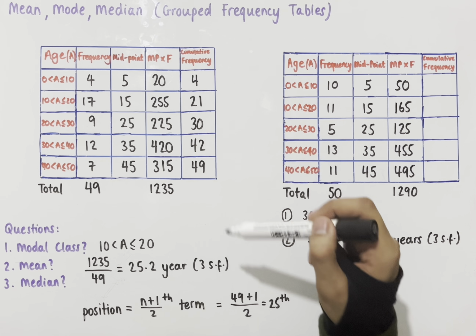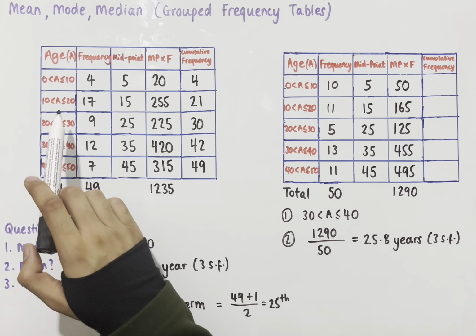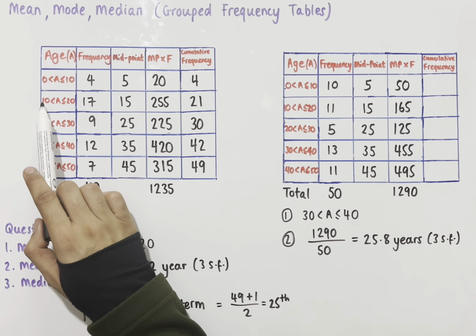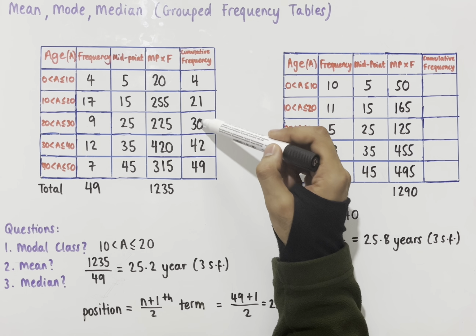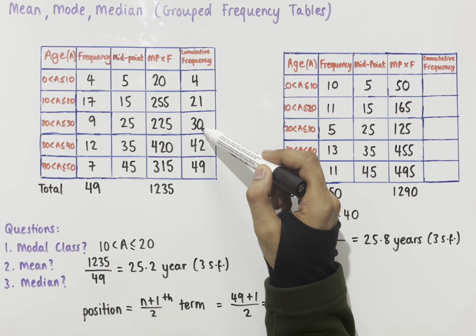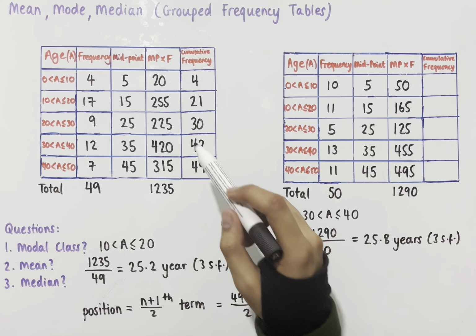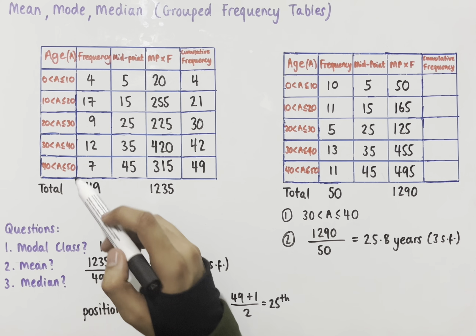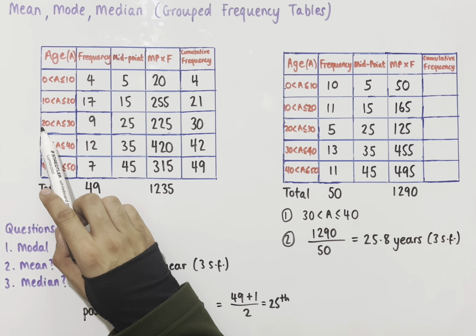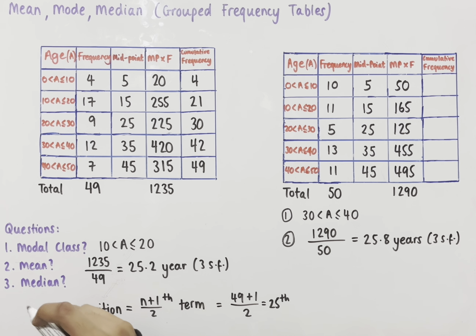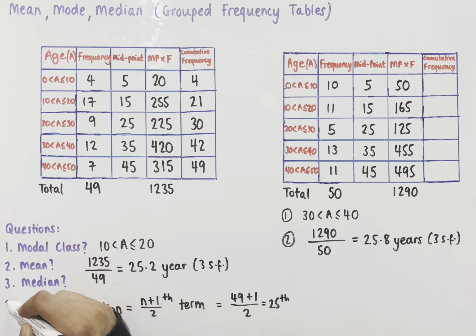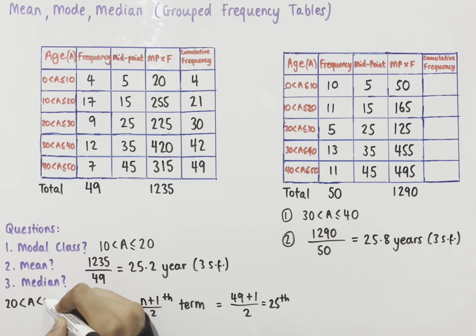So again, we haven't passed 25 yet, so the median can't be in the class between 10 and 20. If we look at the next row, we get to 30, and so this is the first time that we pass 25. Therefore, the median is in the class between 20 and 30. And so for this question, the class in which the median is in is between 20 and 30 years.